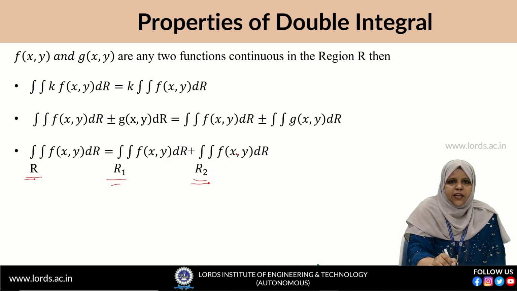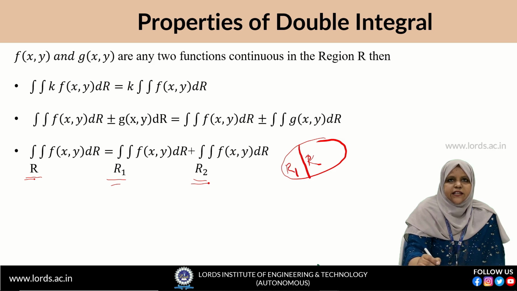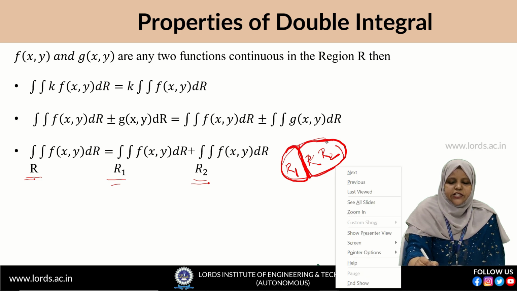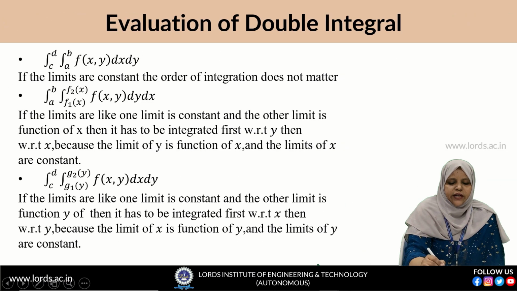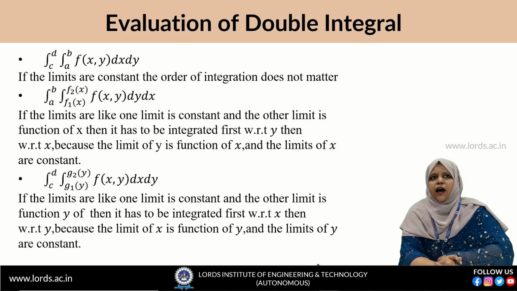For example, suppose this is the region I have; I can split it into two parts, the first part as region R1 and this one as region R2. I can evaluate the double integral in R1 and in R2, and if I add these two, I get the double integral in the region R.